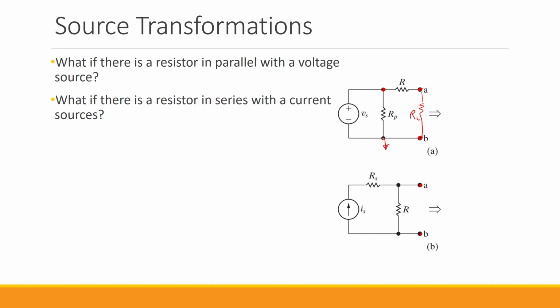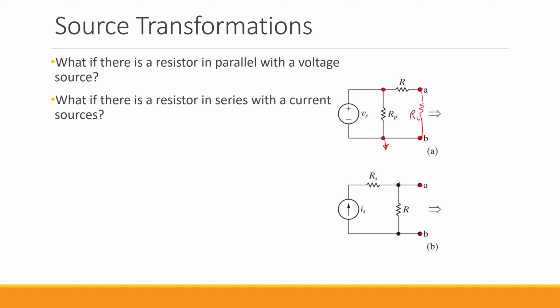As you remember from before, when we have two elements that are in parallel, the voltage across them is exactly the same. So when we have Vs connected between these two nodes, having this RP in parallel with this voltage source does not affect what voltage we see across R and RL here.